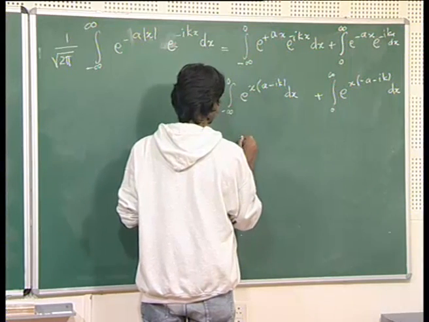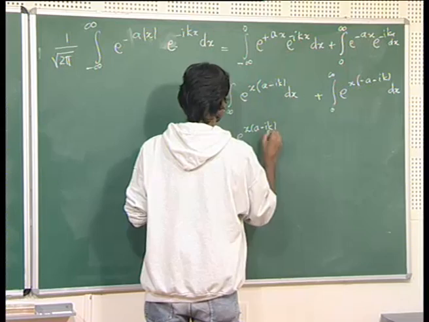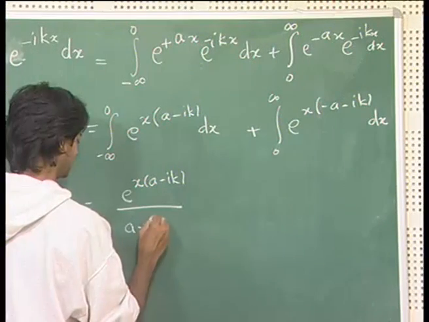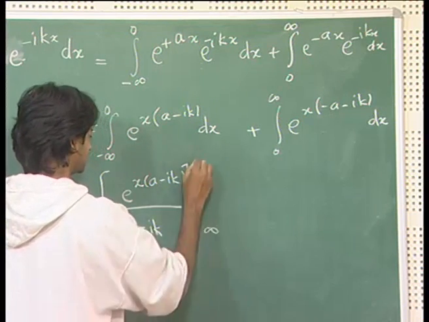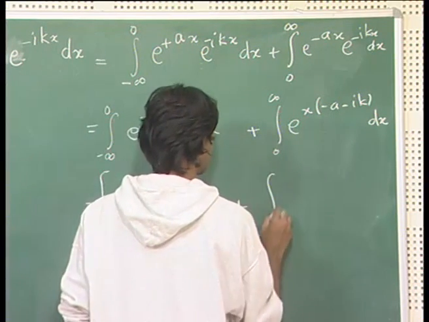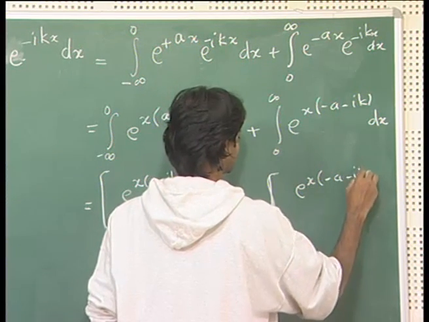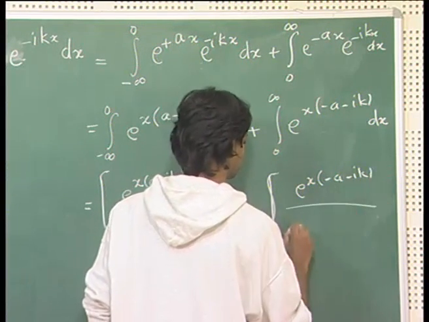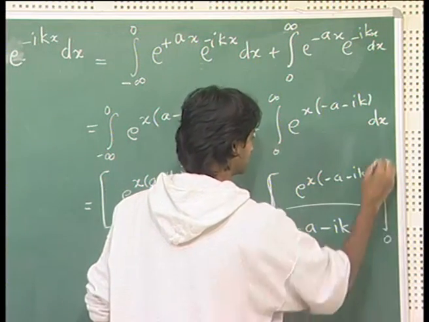This will be e to the x (a minus i k) divided by (a minus i k) from minus infinity to 0, plus e to the x (minus a minus i k) divided by (minus a minus i k) from 0 to infinity.